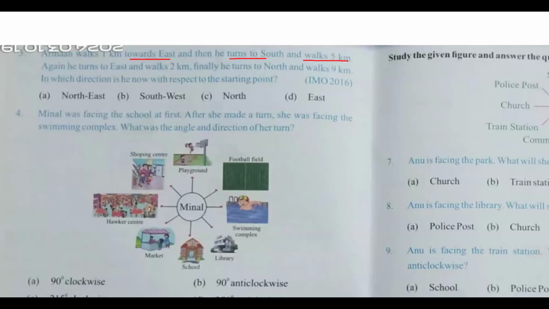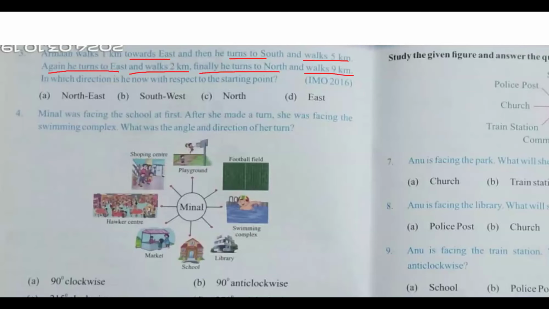Okay. So let's see what are the instructions. Arman started walking 1 kilometer towards east, and then he has taken several turns after that. First, he has turned to south and walked 5 kilometers. Then again he turns to east and walks 2 kilometers. And then finally he again turns to north and walks for 9 kilometers.